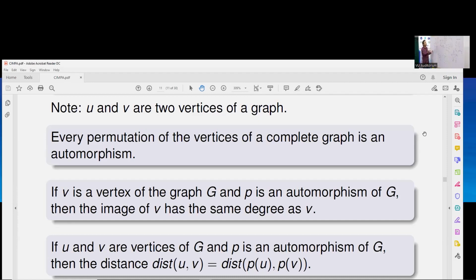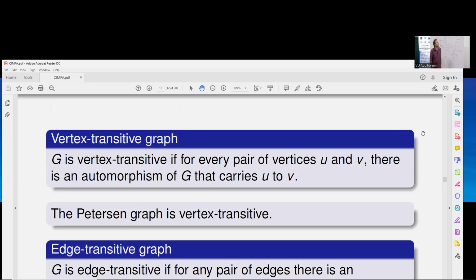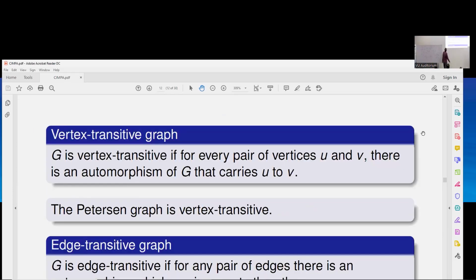Well, this graph is quite simple, so it's obvious. But even if it's a very complicated graph, and the distance between u and v is, let's say, 10, then if you take an automorphism of the graph, wherever u and v go, the distance will again be 10 between them. Okay. Now we can just stop here at the vertex-transitive graph.